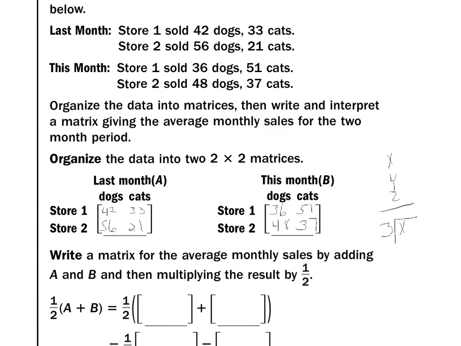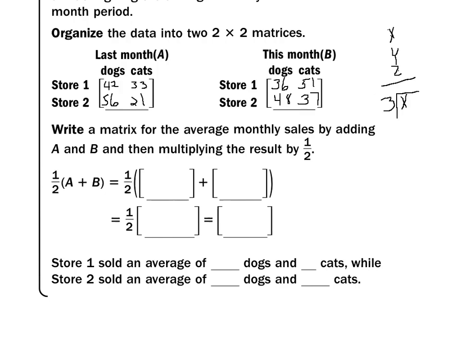So we are going to add up the dogs for store 1 last month and the dogs for store 1 this month, and then divide by 2. And in algebra, you know that dividing by 2 is also multiplying by a half.